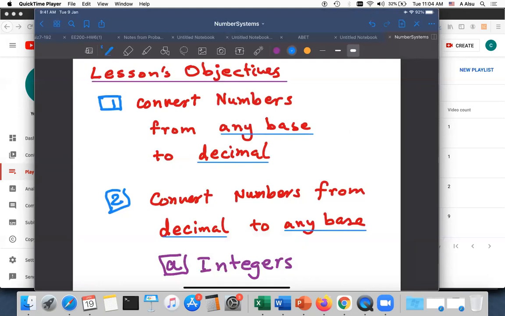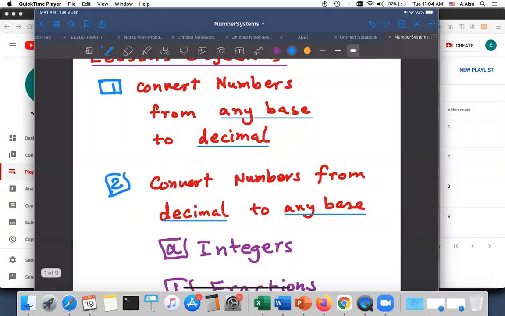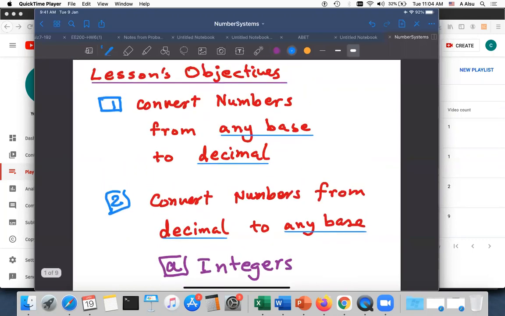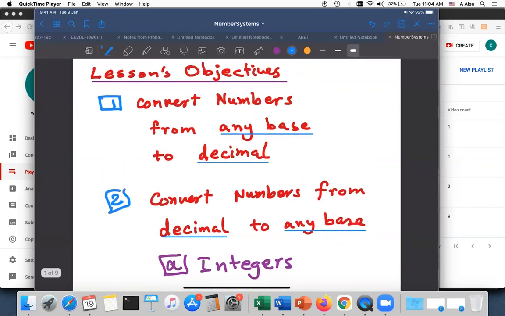So this lesson, as I said, has a number of objectives. Actually, it's 6 objectives, and you will learn how to convert numbers from any base to decimal. This is one objective.